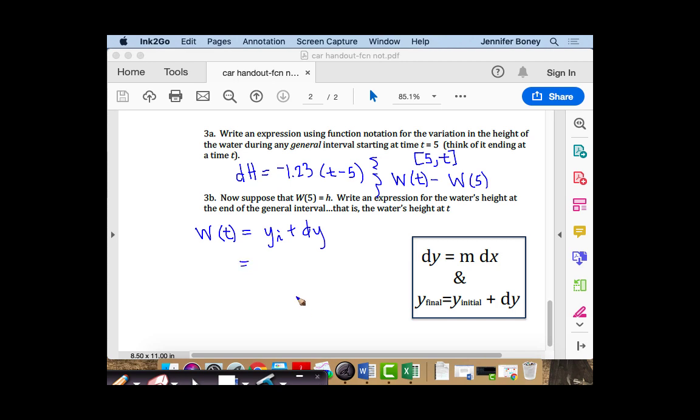Converting this into this particular problem, initial value was w of 5, which was, well, I can write w of 5 or lowercase h. dy is this m dx, or to be specific about this problem, negative 1.23 times t minus 5. So our final height at any time t, we can base on an initial height and the variation since that time, which occurs at a rate of 1.23 centimeters per minute for each minute after time 5 has passed.